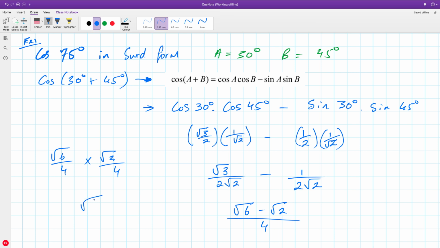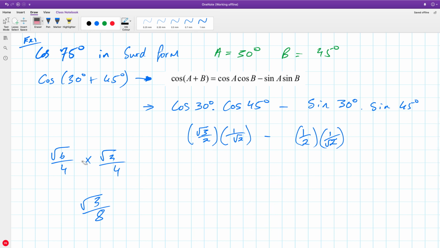It breaks down into root 3 over 8. So just use your calculator to make sure. These are slightly off. Just use your calculator to do that multiplication to make sure. Root 6 over 4 multiplied by root 2 over 4 is root 3 over 8.